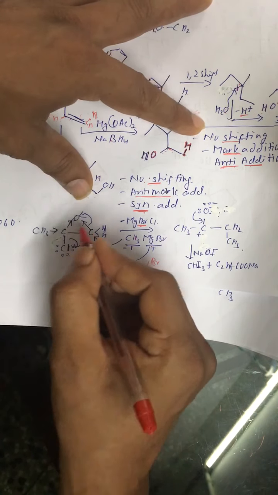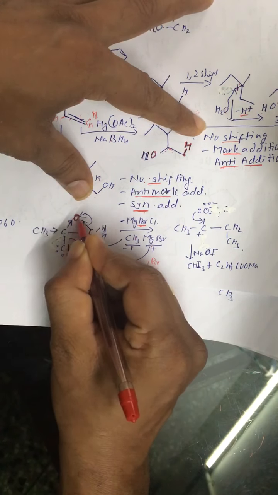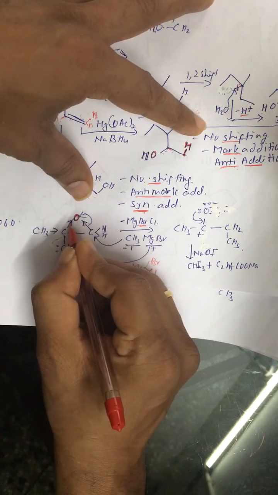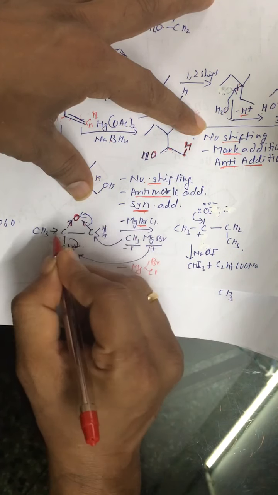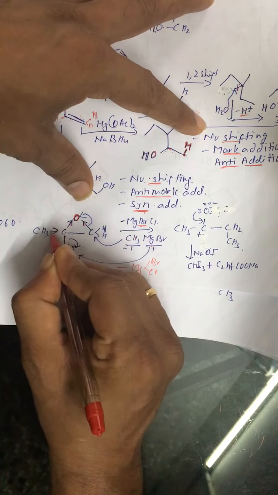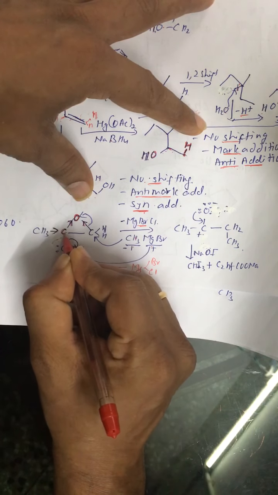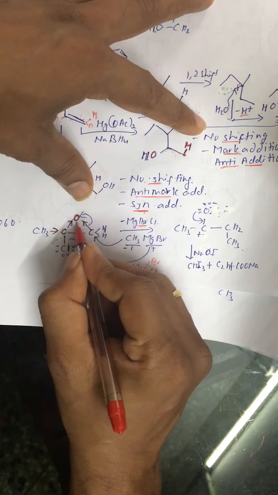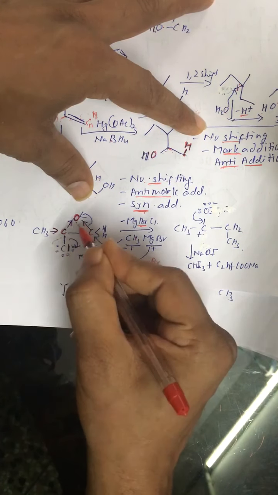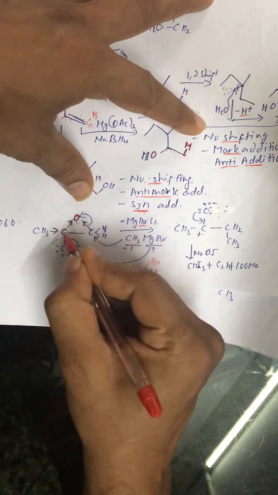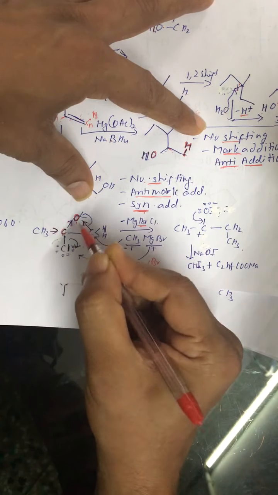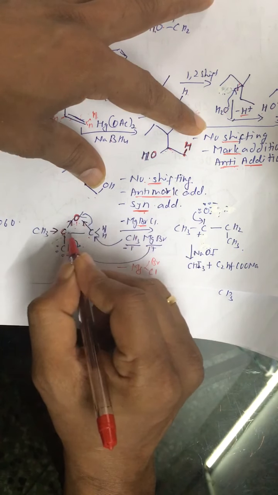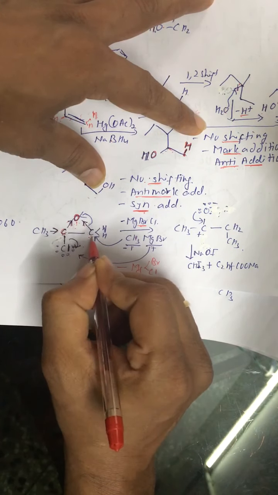Again, see, oxygen is electronegative, so it withdraws electron density from this carbon. And here we have a methyl group to decrease the magnitude of positive charge. One case we have discussed where positive charge was already there and was dispersed over these two. That is a different case. Now in these cases it is compared on the basis of magnitude of positive charge.